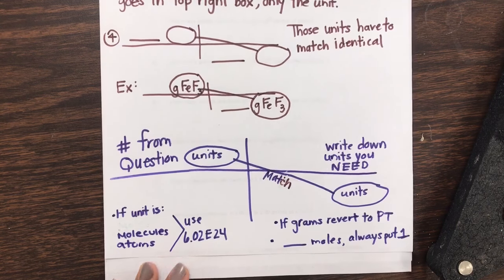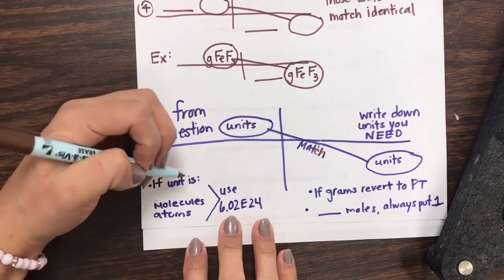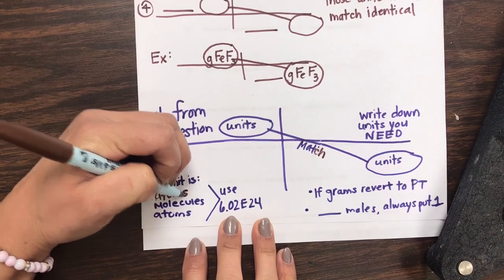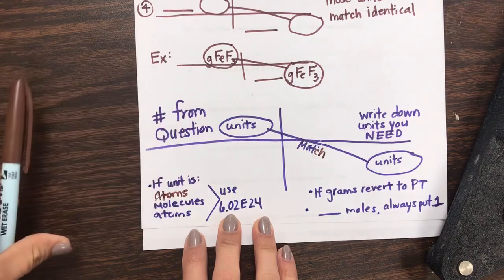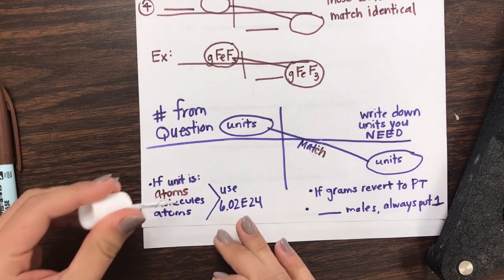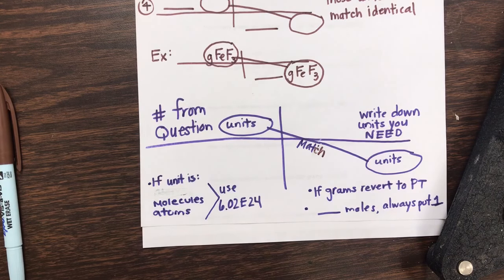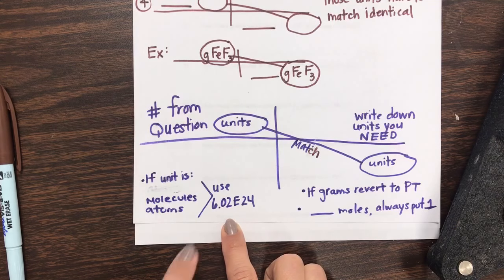And if the unit is down here in the corner, if the unit is atoms or molecules, then this should say particles. Okay, if the unit is particles, molecules, or atoms, you're going to use Avogadro's number, which is 6.02 times 10 to the 23.